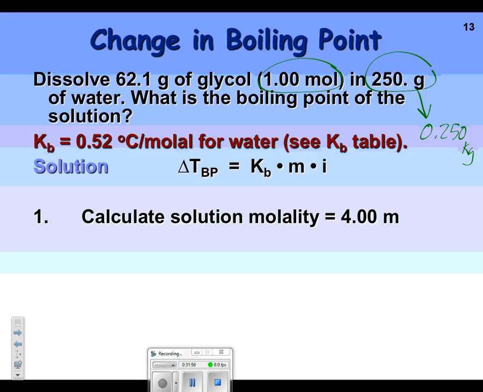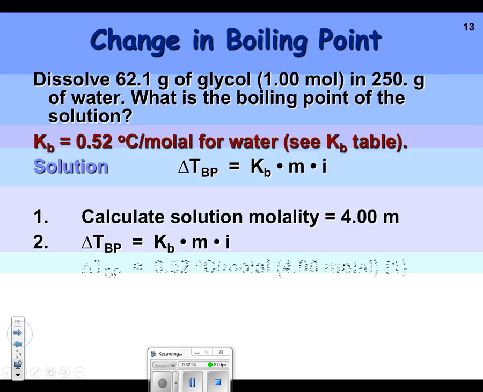Then I'm going to plug it into this equation. Now, wait a minute. What was the i on glycol? 1. If they do not give me a formula, or if I don't know what it is, 1. Sugar, C6H12O6, 1. I don't break it up into how many carbons, hydrogens, oxygens. It just stays as one thing.